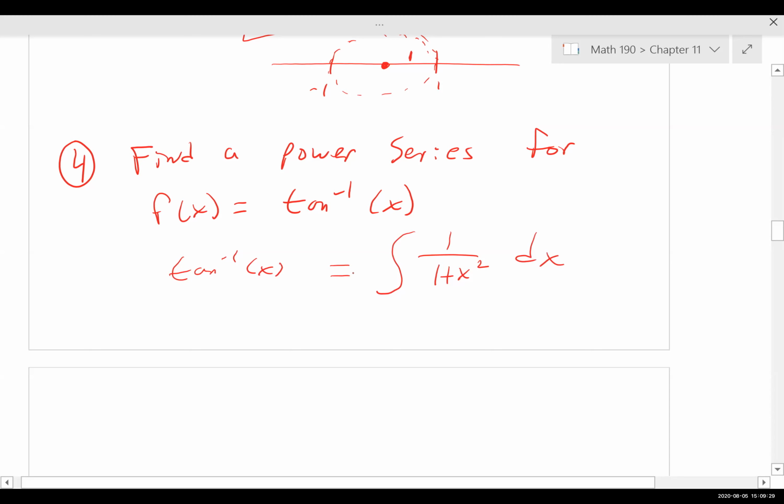Does that make sense? You guys remember that? I sure hope so. Okay, you're gonna need that for the final. Okay, so know that. Inverse tangent of x is equal to that.